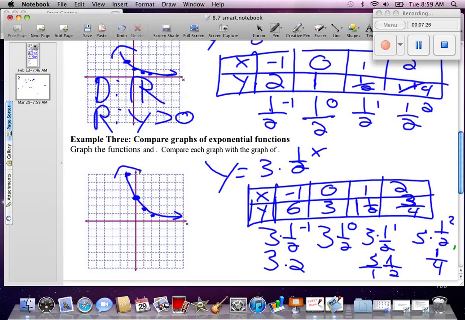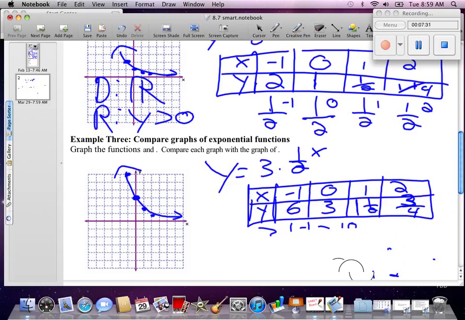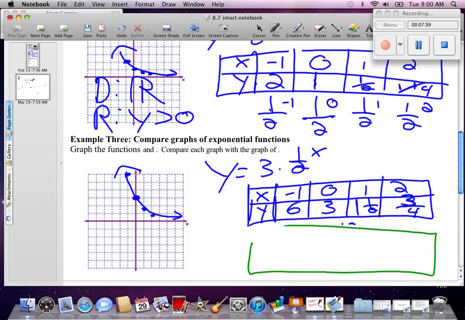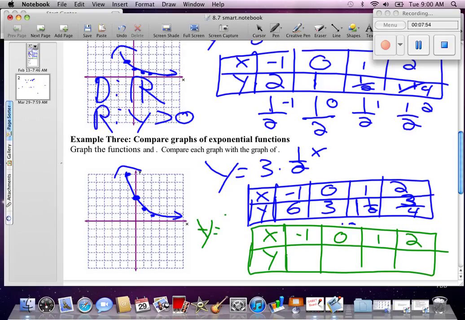Okay, now the next one I am going to do in green because we are comparing them. So we're going to put them on the same graph. Alright, Cheyenne, we've got y equals negative 1/3 times 1/2 to the x.